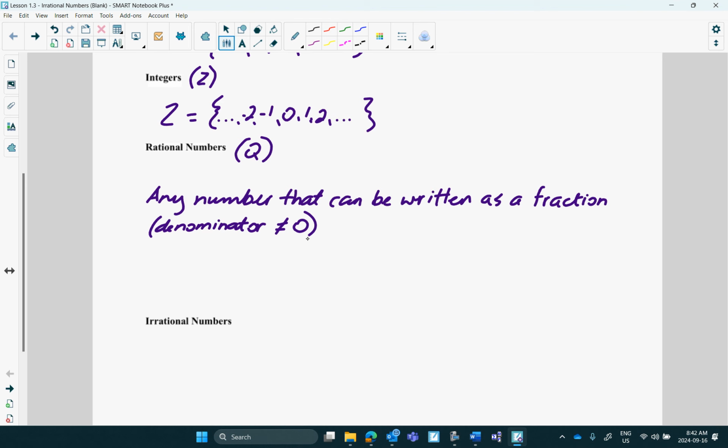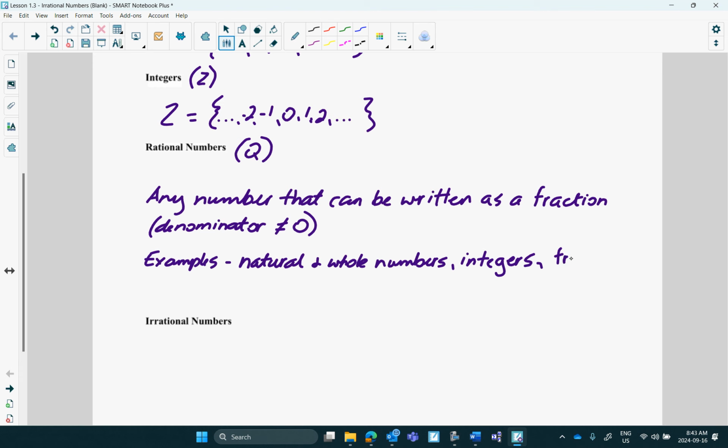So your examples would be all the numbers above. So examples would be natural and whole numbers, because they can all be written as fractions. Integers, because they can always be written as fractions. Any of the above numbers can be written as fractions by tossing it over 1. So 2 as a fraction is 2 over 1. Negative 10 as a fraction is negative 10 over 1. So all the above numbers are also rational numbers.